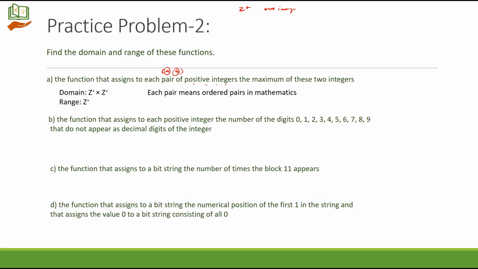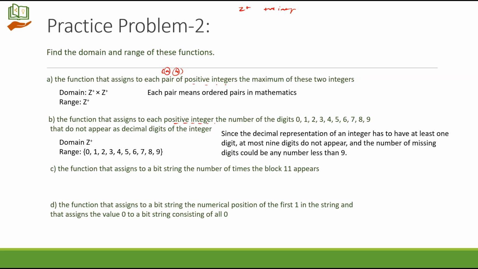Next one, the function that assigns to each positive integer the number of digits 0, 1, 2, 3, 4, 5, 6, 7, 8, 9 that do not appear as decimal digits of the integer. What is the domain? We know it's the positive integers. What about the range?